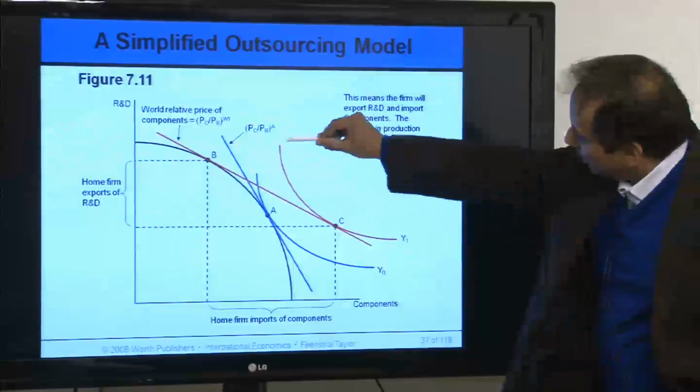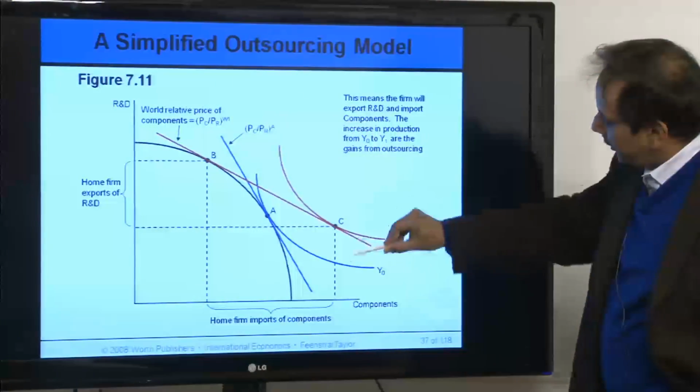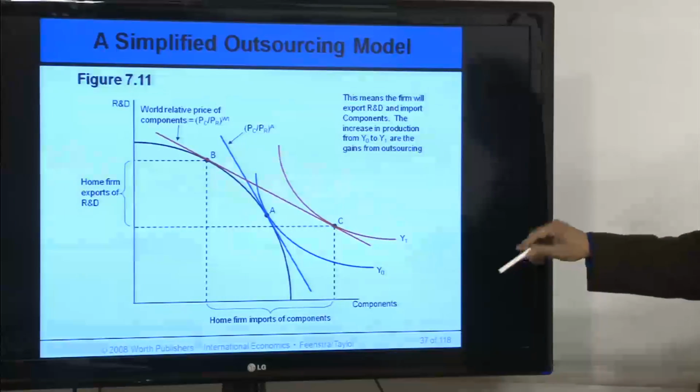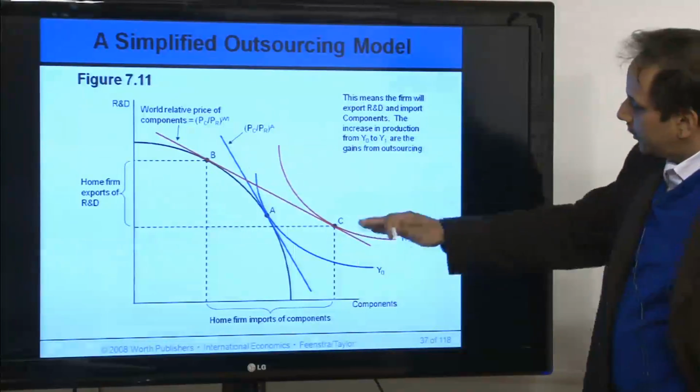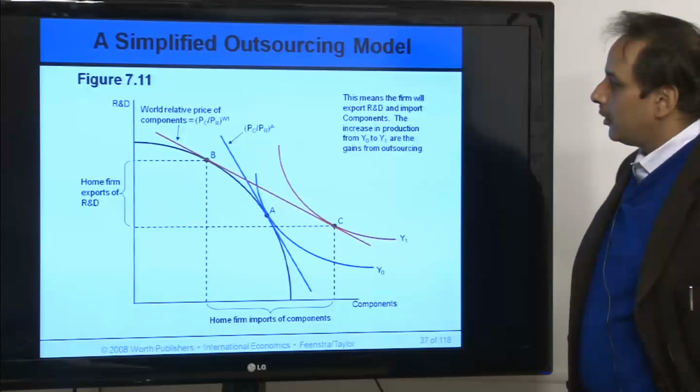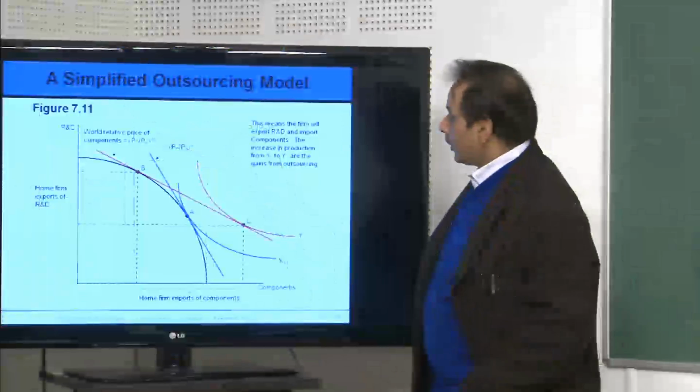Now you can see the isoquant here at C is to the right of the old isoquant, meaning that if the isoquant moves to the right, it means that you can produce more of both the goods.